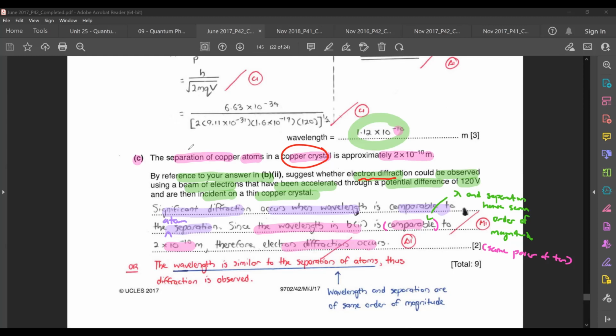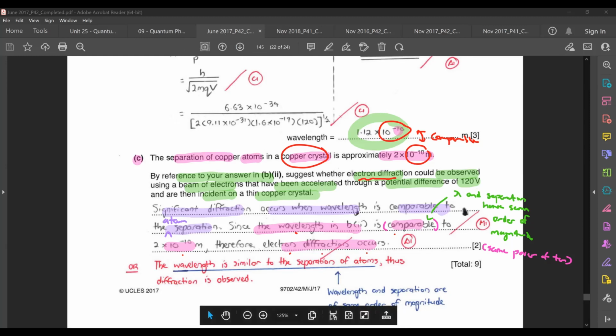The separation of copper atoms is 10 power minus 10, and the wavelength is also times 10 power minus 10, so they are considered comparable. That's the reason why I said the wavelength is comparable to this. Therefore, your electron diffraction can occur.